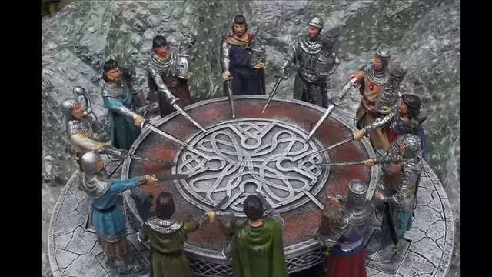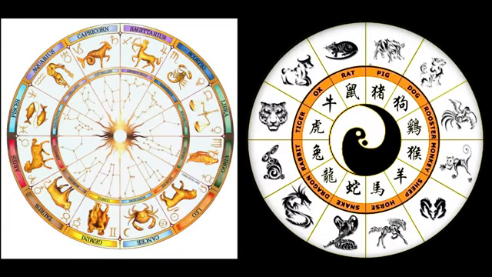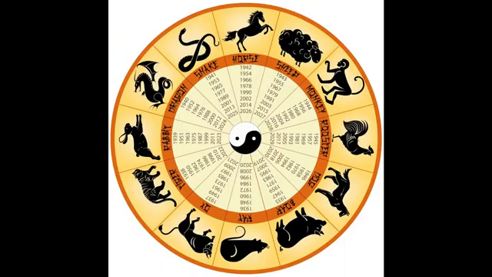King Arthur's Knights of the Round Table and the Western and Chinese zodiacs are strikingly similar. The Chinese zodiac table. It is our flat earth.